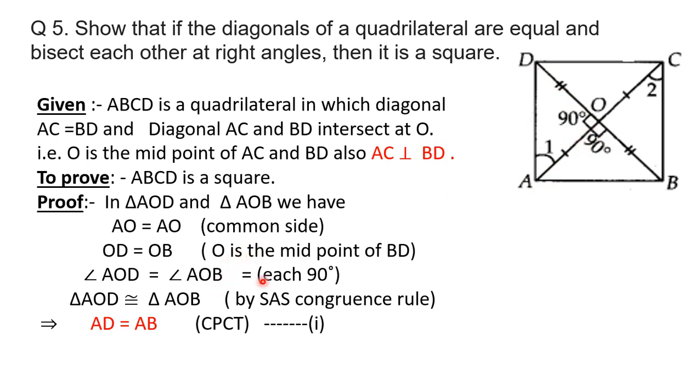So by the SAS congruence rule, triangle AOD is congruent to triangle AOB. So we can say side AD is equal to side AB by corresponding parts of congruent triangles. So we get these two adjacent sides are equal.